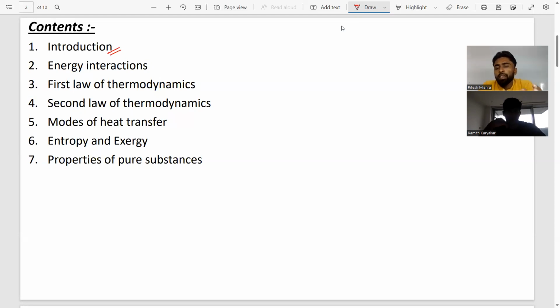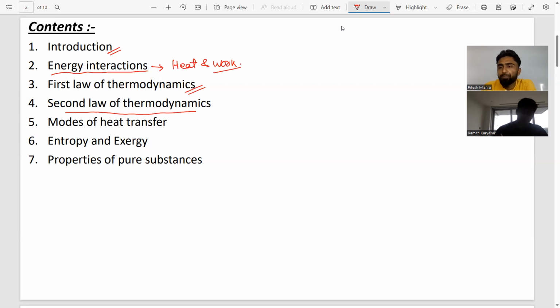After that, in the energy interactions section, you will learn about heat and work. And after that, the first law of thermodynamics, which is the conservation of energy. And after that the second law of thermodynamics, and applications of thermodynamics are also there.